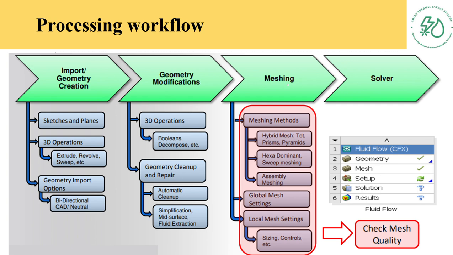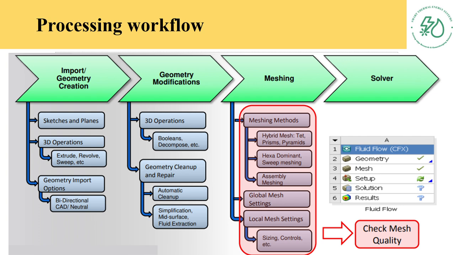adjust the mesh to ensure it captures all the necessary details of the geometry, and after you create your geometry and mesh it, you can set up the physical models required for your simulation, such as laminar models, heat transfer, and multi-phase flows.